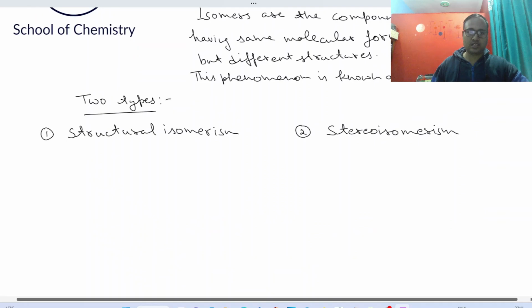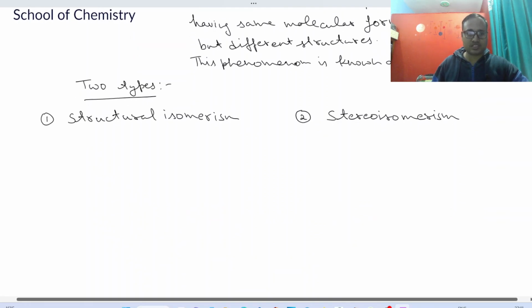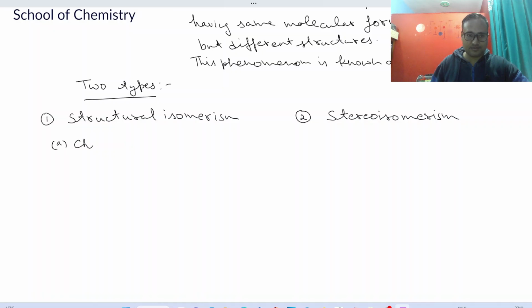So structural isomerism is further divided into six types. First is the chain isomerism. Second, positional isomerism. Third is the functional isomerism.